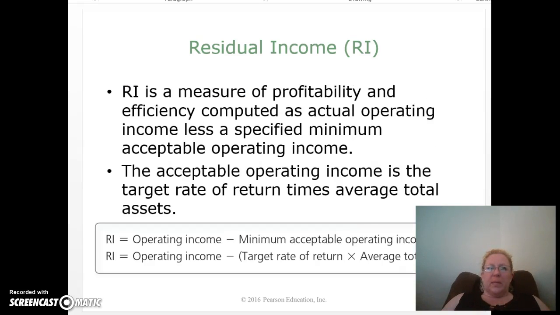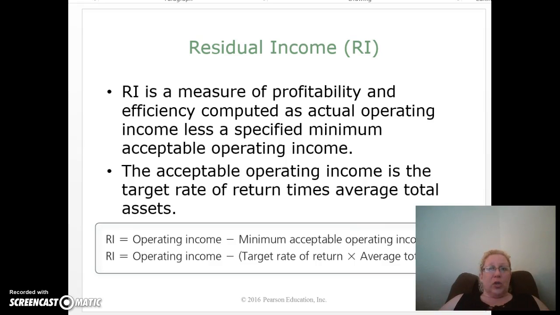Residual income is a measure of profitability and efficiency computed as actual operating income less a specified minimum acceptable operating income. RI compares the division's actual operating income with the minimum operating income expected by top management, given the size of the division's average total assets.